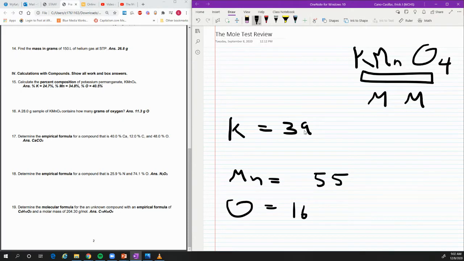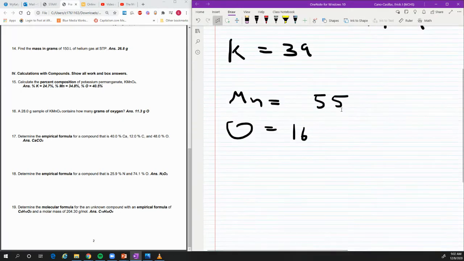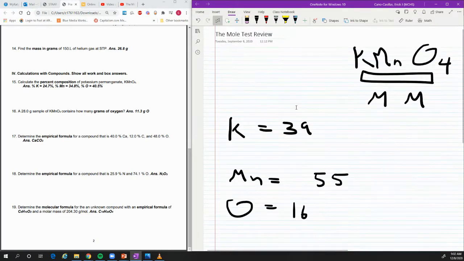You'll notice I'm just rounding up or down to keep it as simple as possible. Oxygen, notice that there's 4 of them, so don't forget we have to multiply this 16 by 4, and that gives me, I believe, 64, but I'll double check.